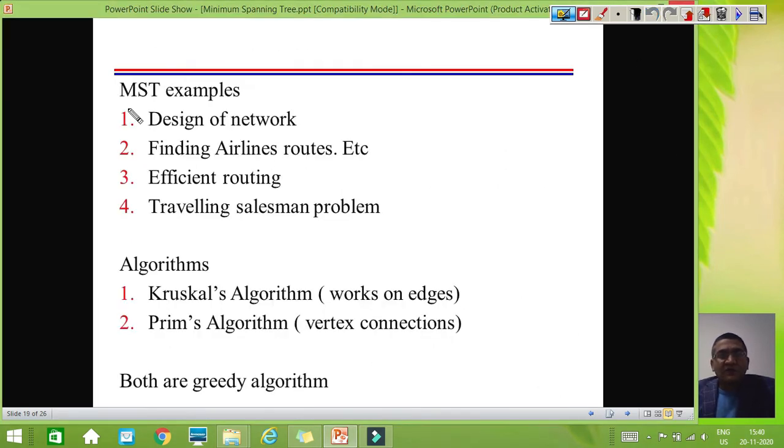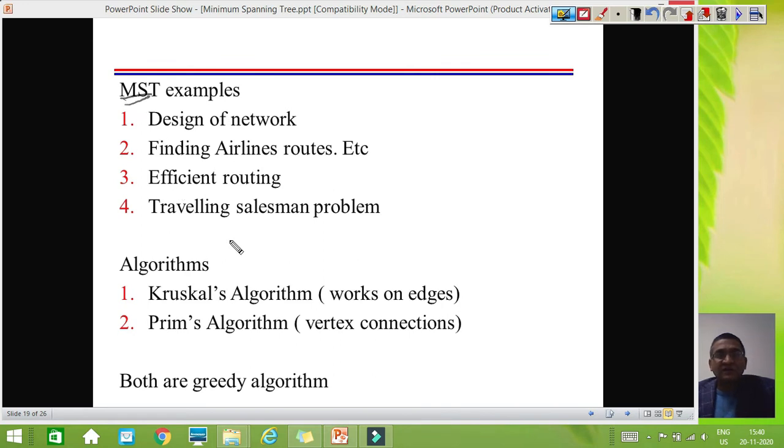Now, why do we talk about minimum spanning tree? What is the purpose of finding this? Because whatever we are discussing, everything must have a meaning. Now minimum spanning tree is used to perform tasks of this nature. For example, designing of a network.